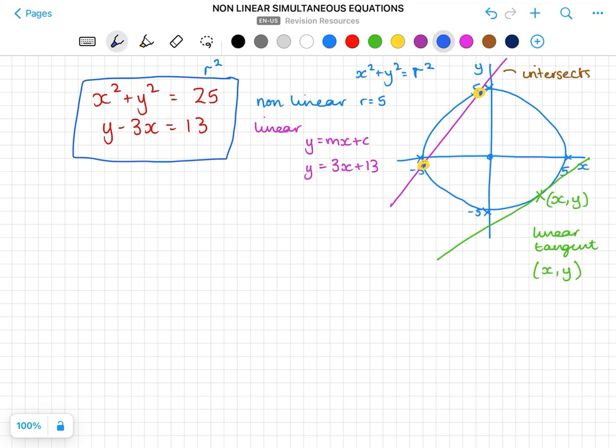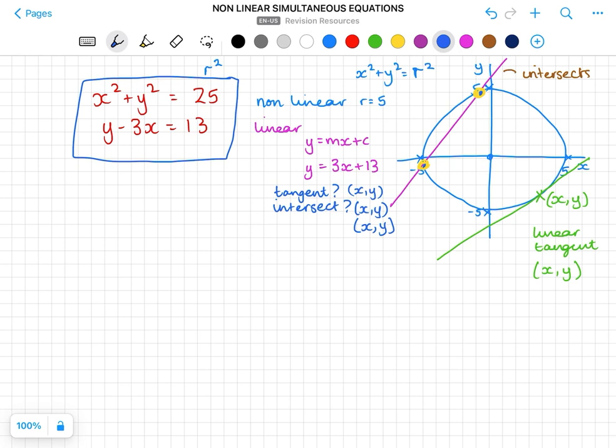Occasionally you're asked to prove perhaps that the linear equation is the tangent to the circle. Is it a tangent or does it intersect? And you have to show that algebraically. You do that by the following method that we're going to look at shortly. If it's a tangent, you will only get one solution for x and one solution for y. If it intersects, you will get two solutions for x and two solutions for y.